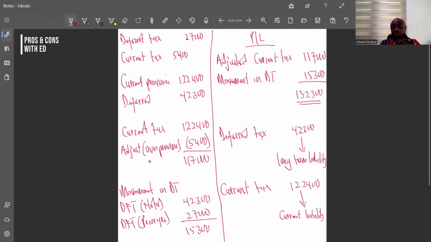Normally, in a standard question, it is going to be how to calculate your deferred tax, right? But you may also get a question whereby you will have to calculate what to show in the financial position and what to show in the P&L, like what we've done today. So try out as much as possible to get the principles well. And once you know the principles, things are going to be very easy for you.